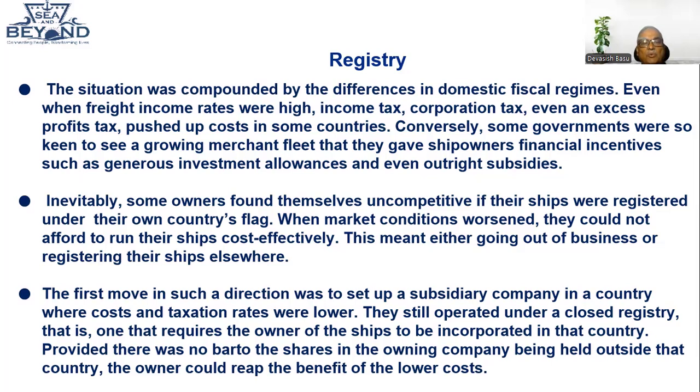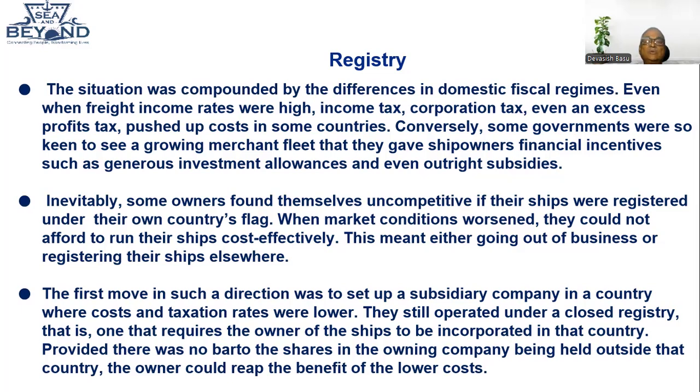Inevitably, some owners found themselves uncompetitive if their ships were registered under their own flag. When market conditions worsened, they could not afford to run their ships cost effectively. This meant either going out of business or registering their ships elsewhere.